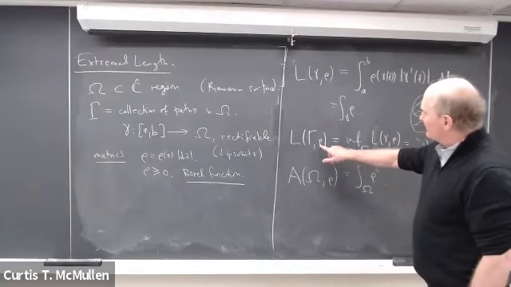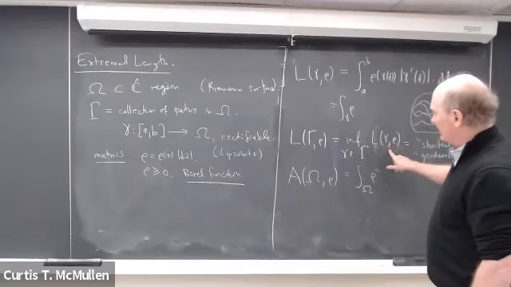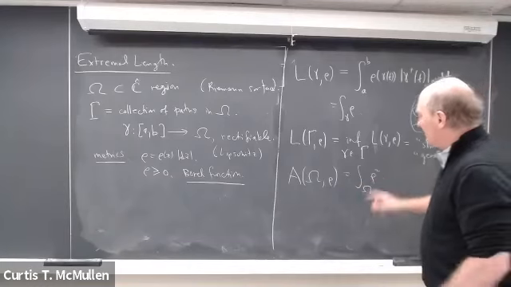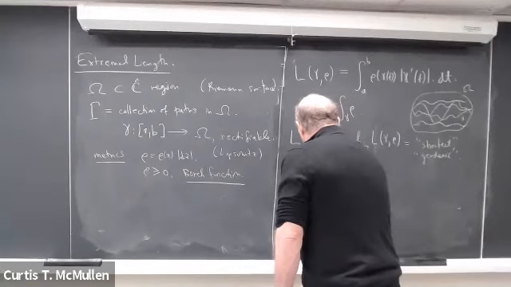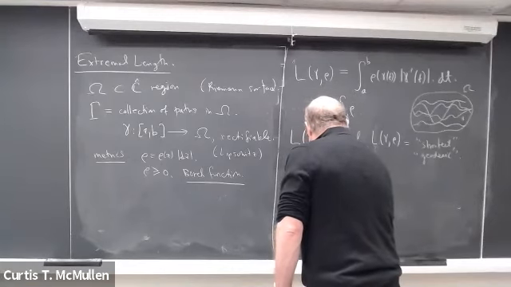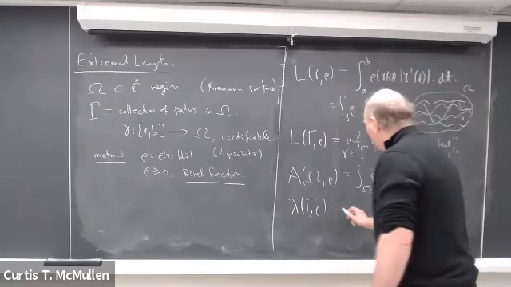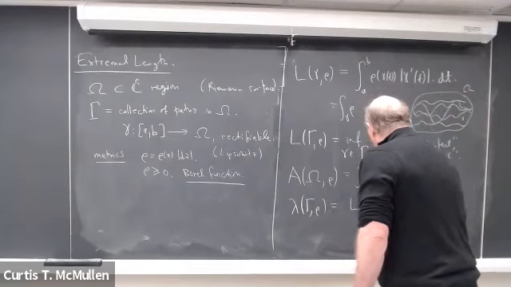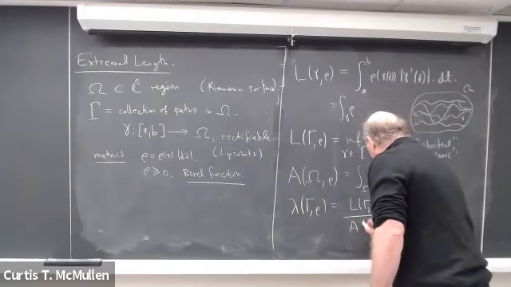You'll notice that if you multiply the metric by 2, then the lengths go up by 2, but the area goes up by 4 because it's squared. So what we now do is define the extremal length of this family with respect to rho as the ratio of the length of the family with respect to rho, squared, divided by the area.